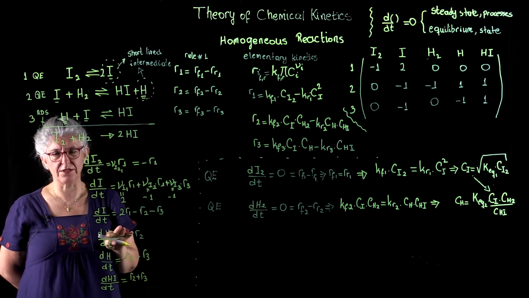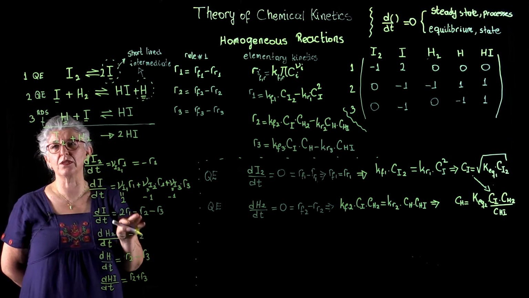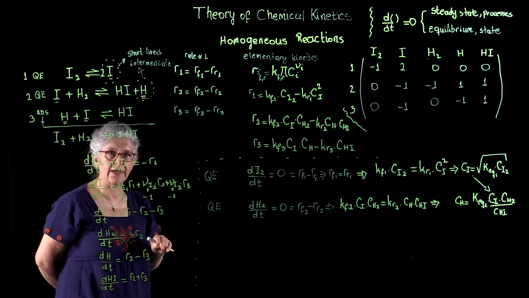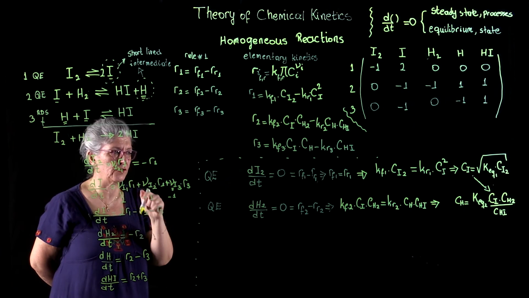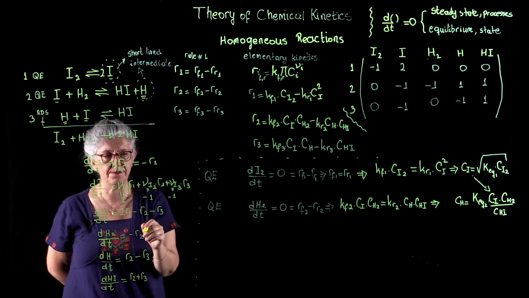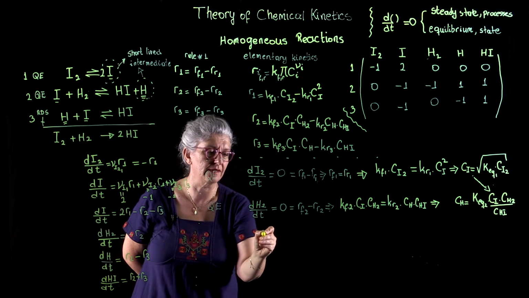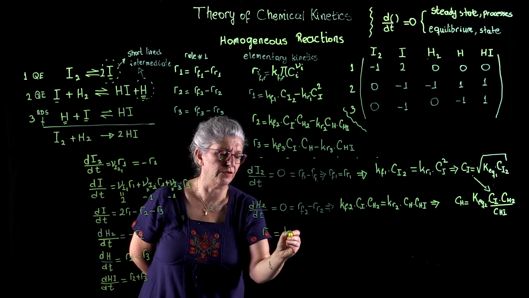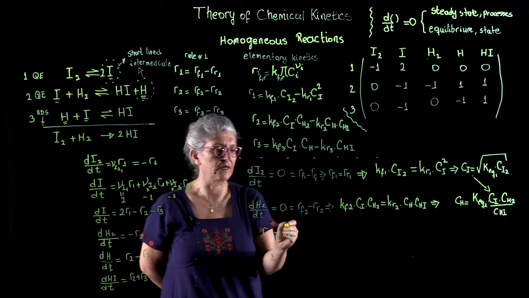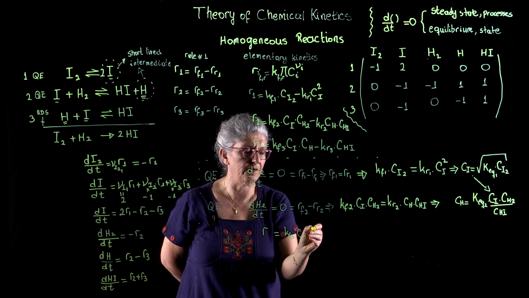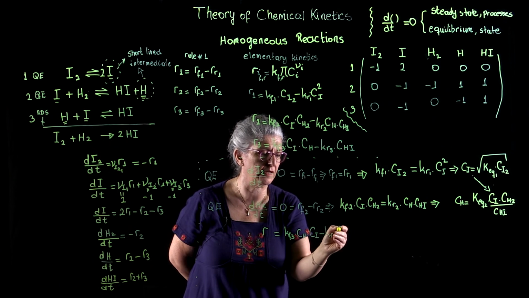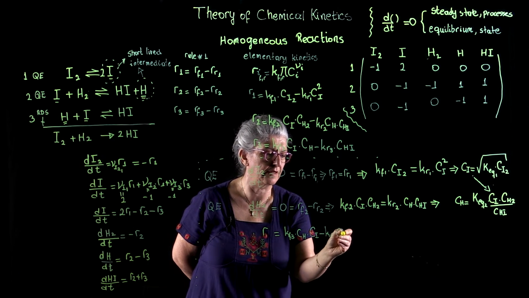After we finish the derivations, we will discuss the implications of those assumptions and how we are going to remove those assumptions. Now, if the third step is the rate determining step, the overall reaction rate should be equal to K forward 3 times concentration of H times concentration of I minus K reverse 3 times concentration of HI.